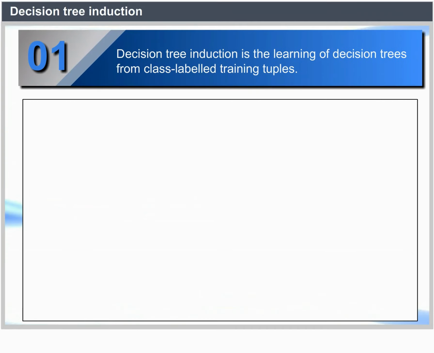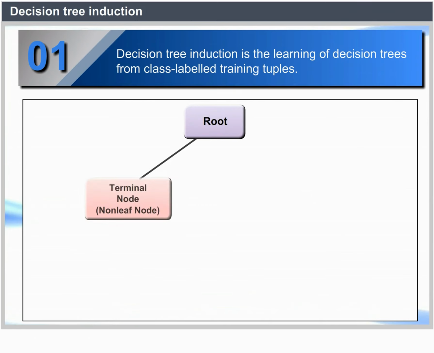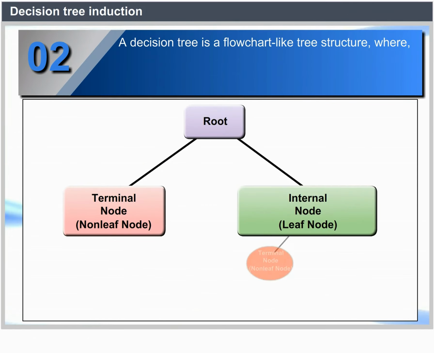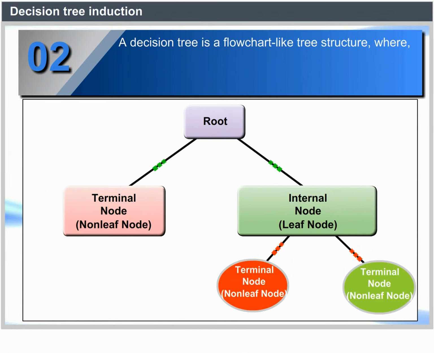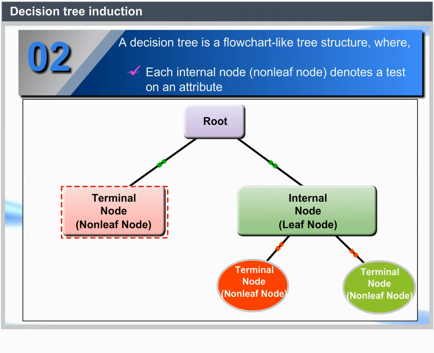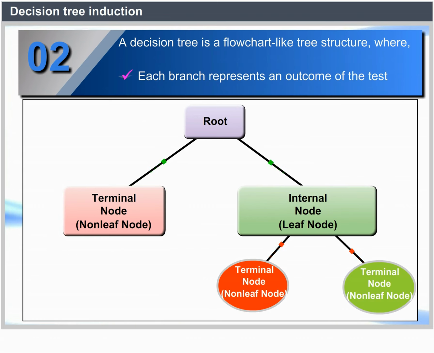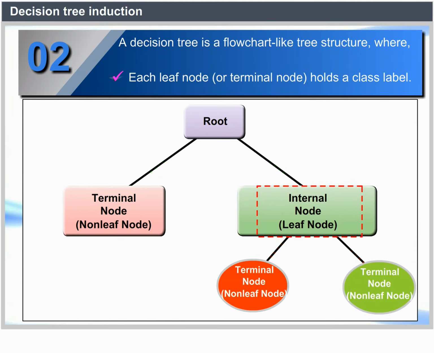Decision tree induction. Decision tree induction is the learning of decision trees from class-labeled training tuples. A decision tree is a flowchart-like tree structure where each internal node, a non-leaf node, denotes a test on an attribute, each branch represents an outcome of the test, and each leaf node or terminal node holds a class label.